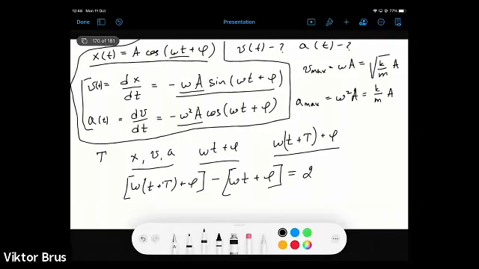This will be equal to 2 pi. It means that a full cycle has been done and the phase of the harmonic oscillation changed by 2 pi.